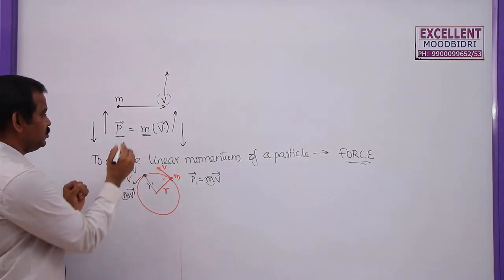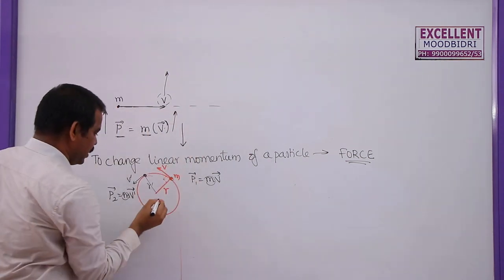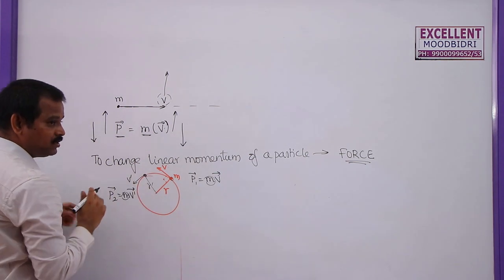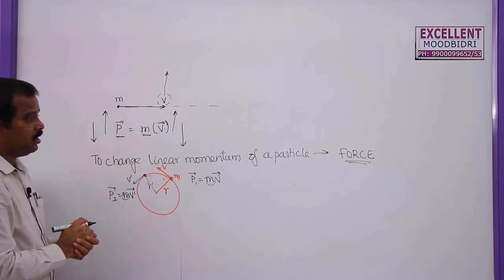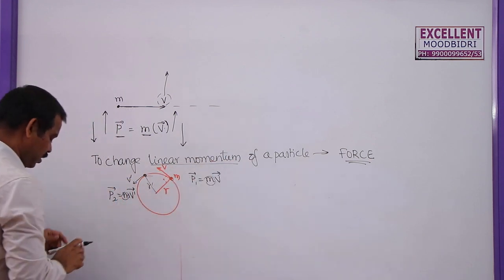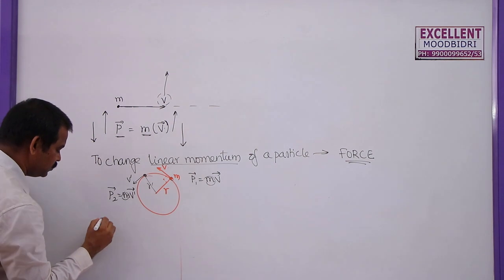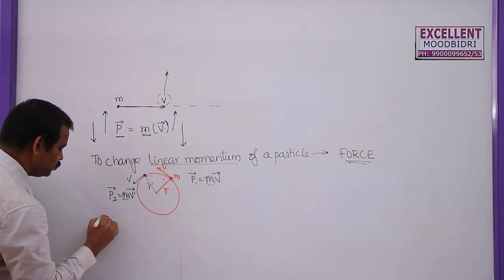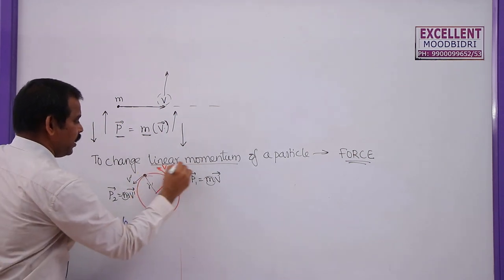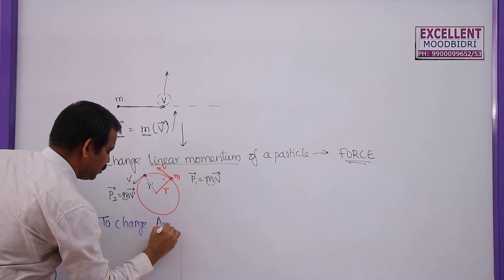Similar to this category, here it is moving along a straight line, but there it is rotating in a circular path. In this case, the particle will have an analog to linear momentum. If you want to change the angular momentum of this body, here I wrote linear momentum along a line, but this is angular momentum.